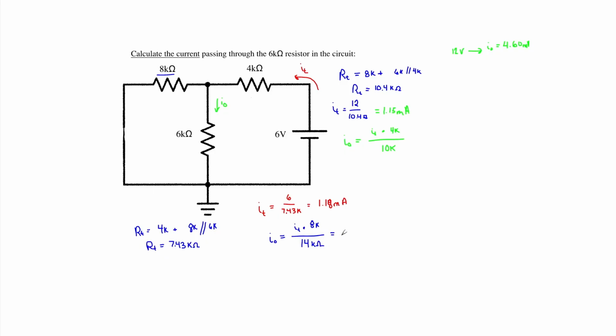Plugging in our variable and solving, this gives us an I naught of 0.674 milliamps. And we can go ahead and write that up here.